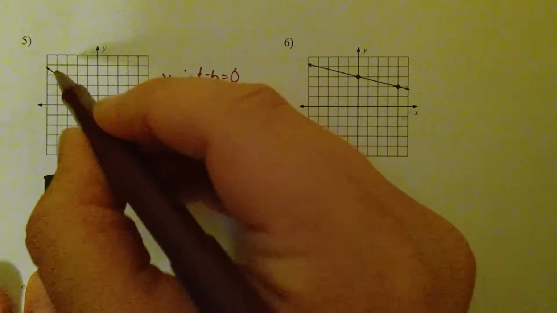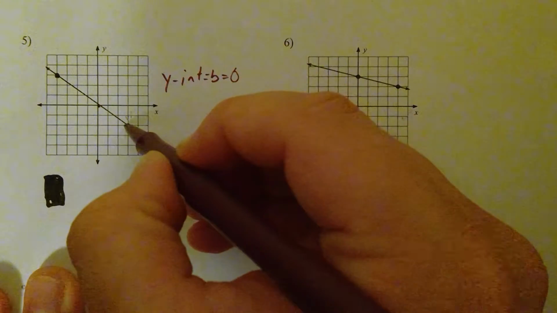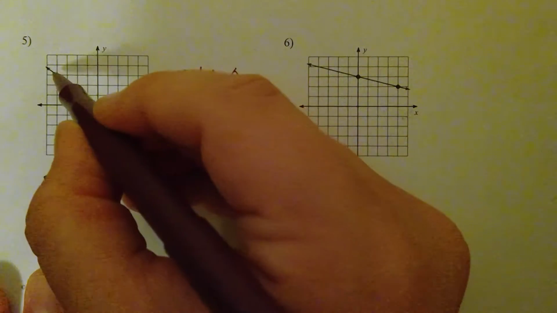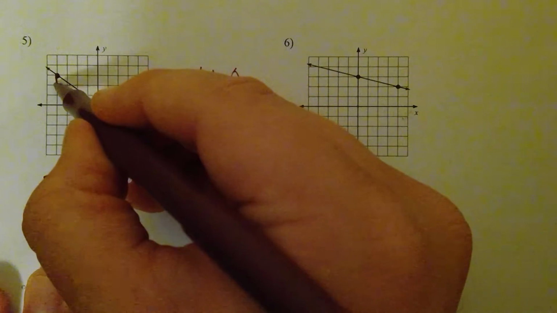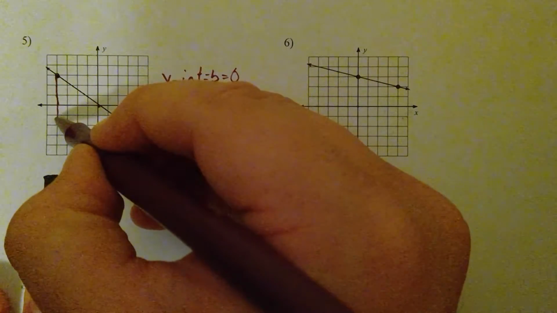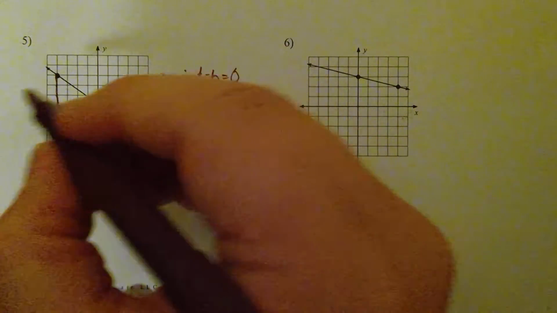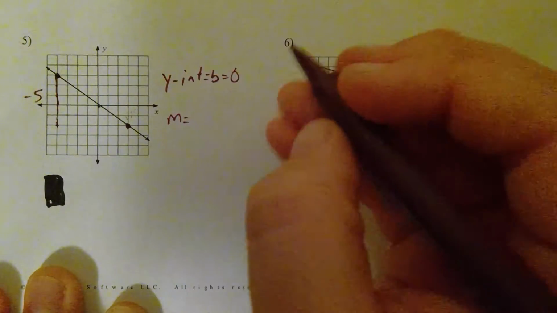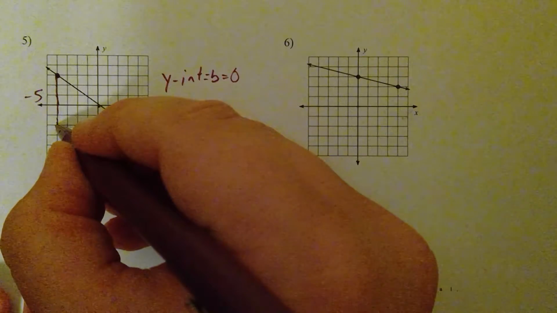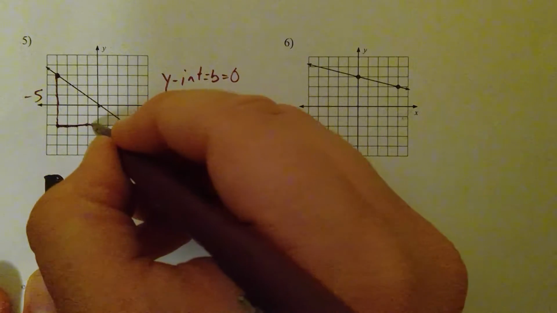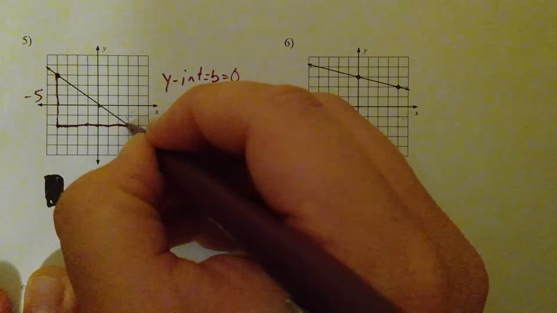I've got 2 points on my line right here, and right here. So I'm going to start by doing my change in y. So I go down 1, 2, 3, 4, 5. So minus 5. And then right 1, 2, 3, 4, 5, 6, 7.